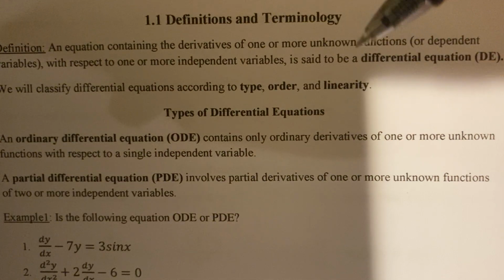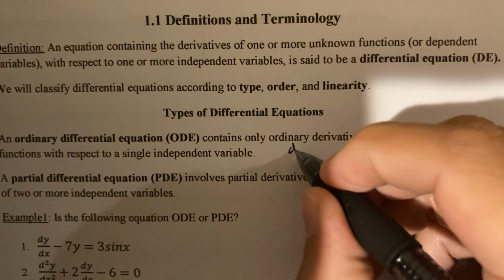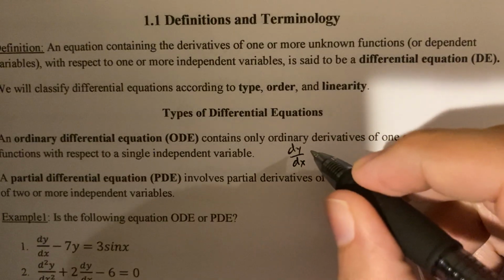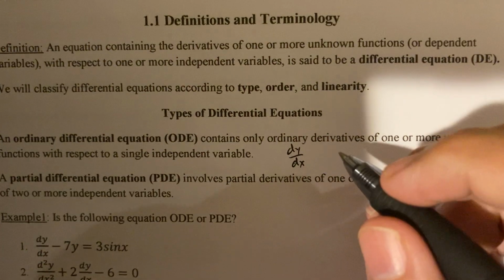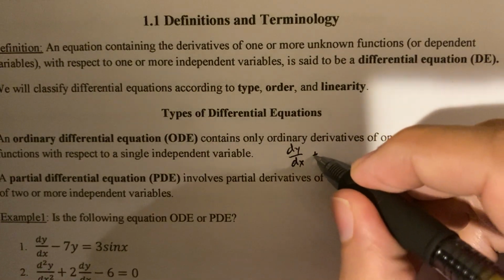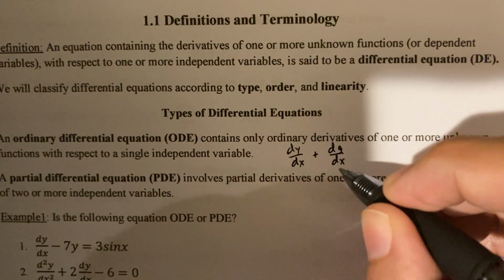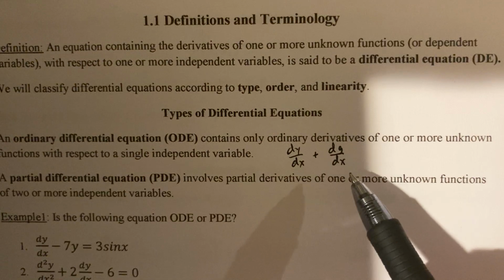In Calc 1, Calc 2, you're really used to dealing with ordinary differential equations where we take the derivative of y with respect to x. That's where we're just taking it with a single independent variable. But even if we said, let's take the derivative of g with respect to x, that's still an ordinary differential equation because we're taking it still with a single independent variable x.